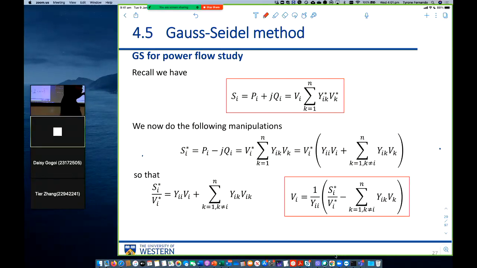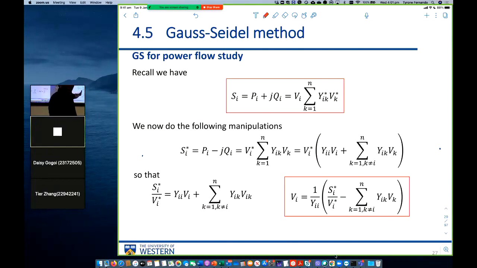For this term here, VI multiplied by VI conjugate, on the left hand side you have PI minus JQI. By rearranging the terms, I can write an expression for VI, right? So it's the same power balance equation. I have written what VI is. Okay?